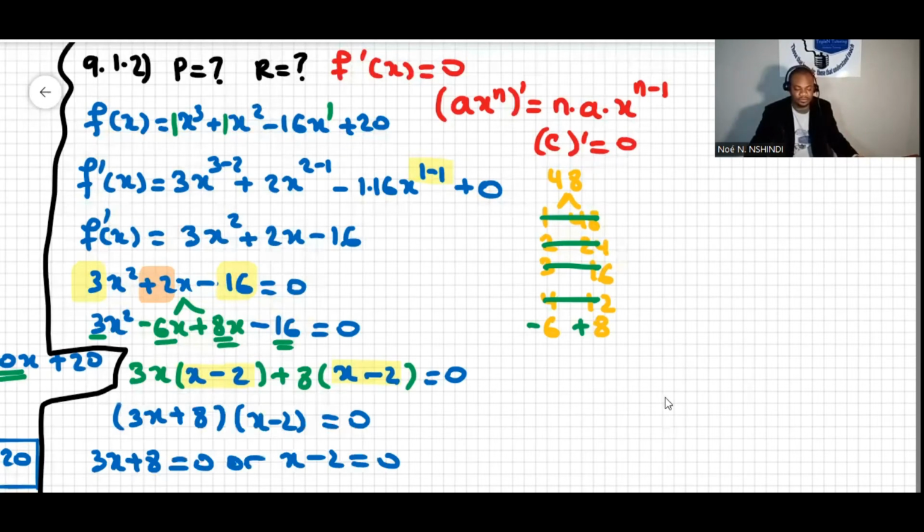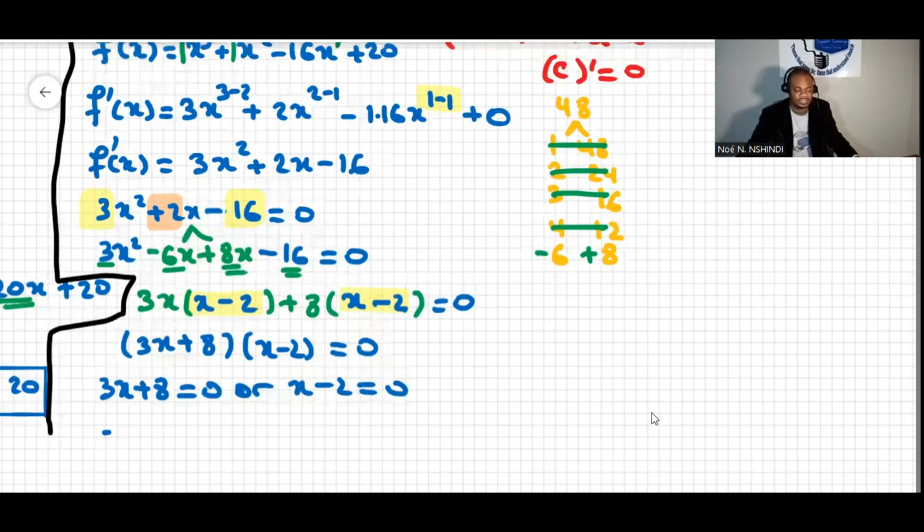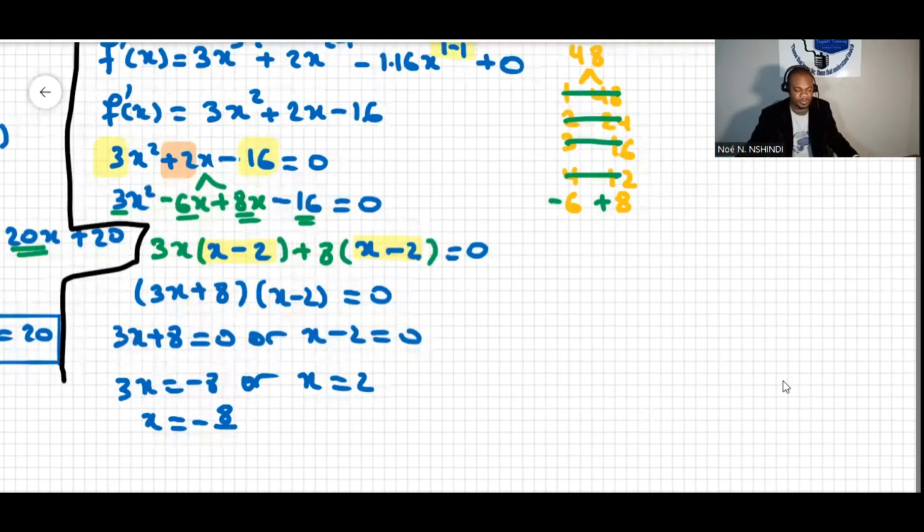To work out the value of x, 3x is equal to negative 8, or x is equal to 2. So x is equal to negative 8 over 3, and x is equal to 2. Those are the solutions. One is the maximum, the other is the minimum.